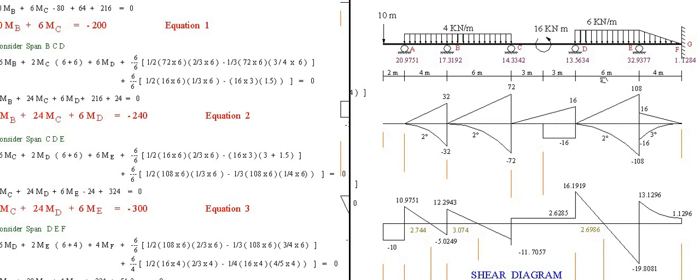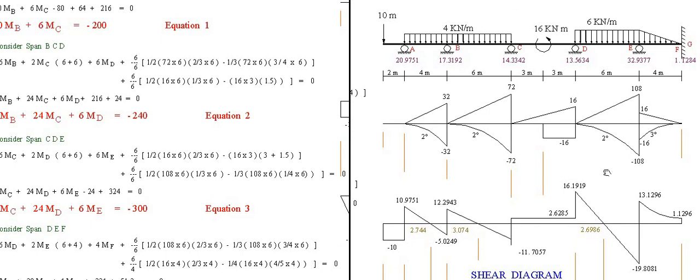The second moment by part of CDE, this one, is 6 over L2, or 6. Then the area is 1/2 times 108 by 6 times 1/3 of 6.